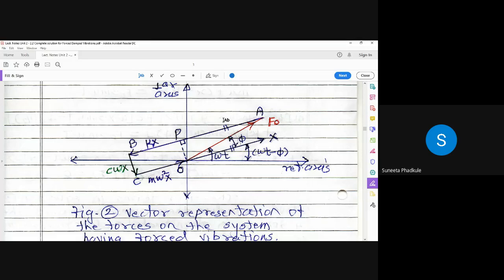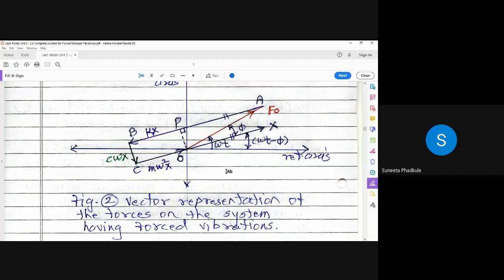Have you understood this? Again, I will explain you. I am going to consider only the triangle OAP. So how P point has come here? I have drawn a perpendicular from point O on the line AB, that intersects at point P. So OP is parallel to BC naturally, because here it is a right angle triangle, here it is a right angle triangle, and here also it is a right angle triangle.